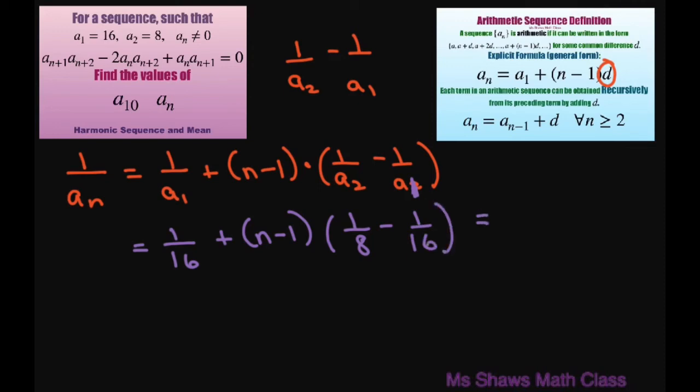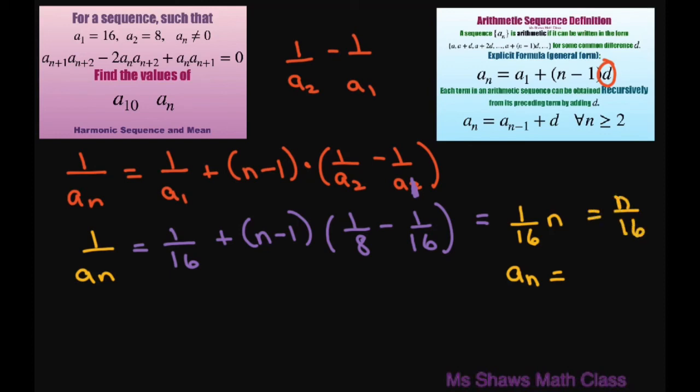All right. So simplifying all this, you're going to get 1 divided by a sub n equals 1 divided by 16n. All right, that means a sub n equals, you just flip this around. This is n divided by 16.